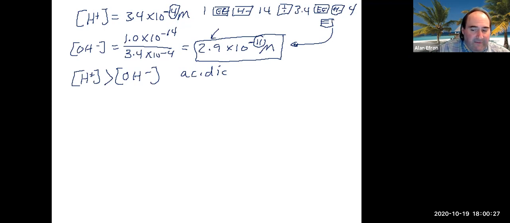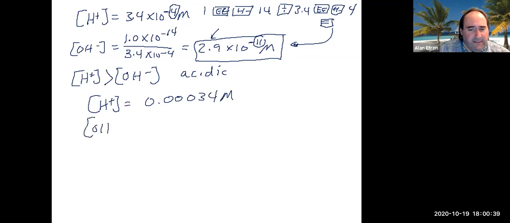Remember, the negative here is really important because the top one, which is the H plus concentration, is really 0.00034. The OH minus concentration is 0.0000000, and maybe one more if I didn't miscount there.